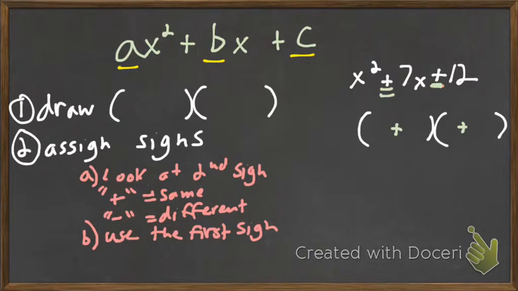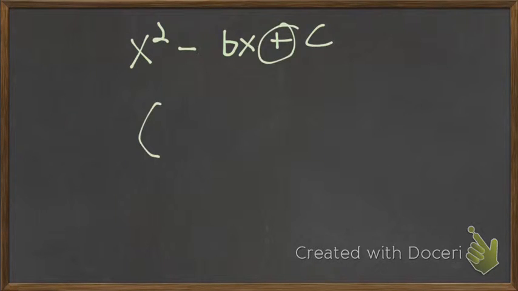I'm going to go back to that page so you can write that stuff down. But that means that if we were to have, let's say, x squared minus bx plus c, the second sign is a plus sign, so I know I'm going to have the same. Both of them are going to be minus signs.